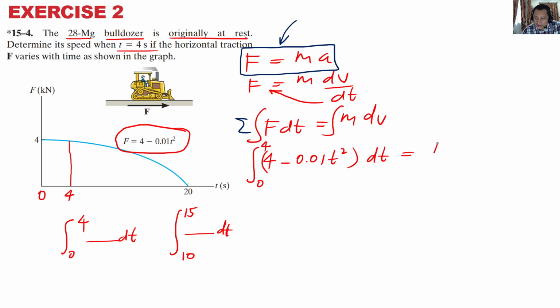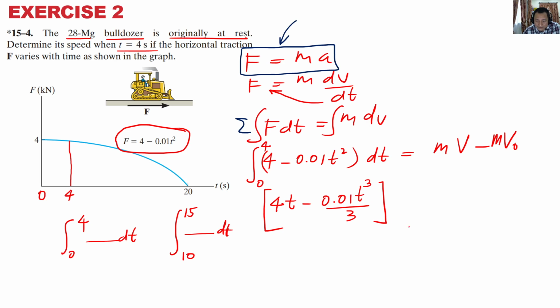This one is equal to mv minus m v naught. So what do you do? Integrate. 4t minus 0.01 t to the power of 3 over 3.